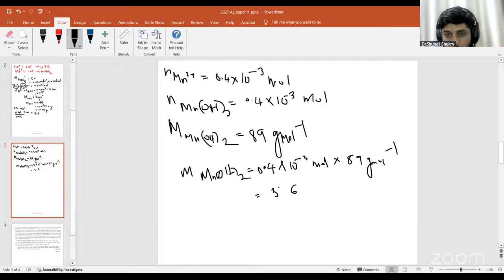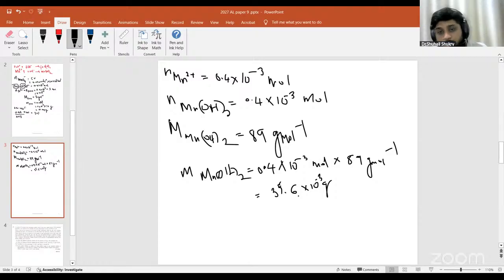So you get 35.6 into 10 to the power minus 3 grams. So these are the manganese hydroxide grams.